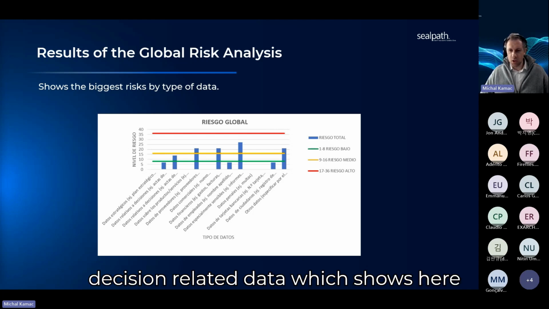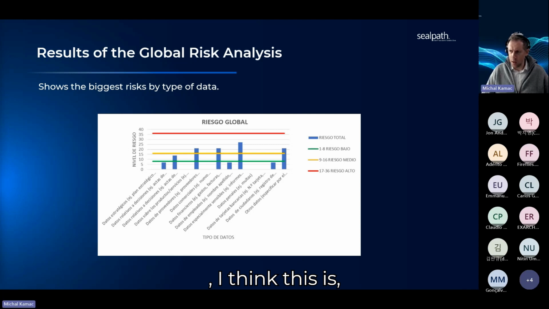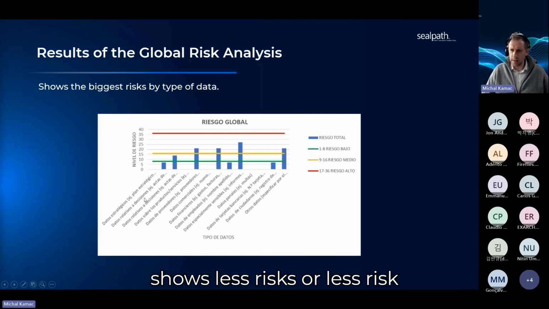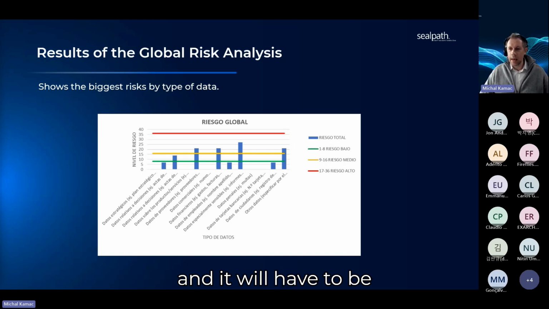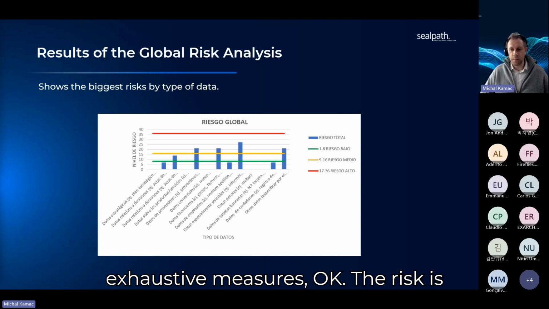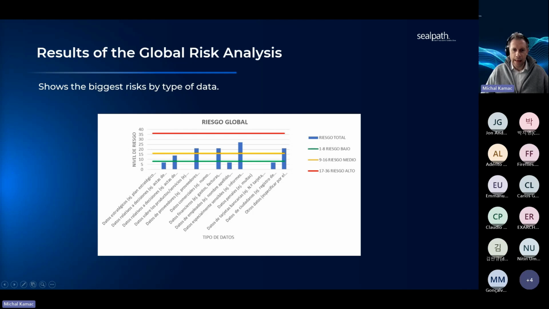Then there is decision-related data, which shows less risk. It will have to be protected as well, but with less exhaustive measures, okay, as the risk is much less.